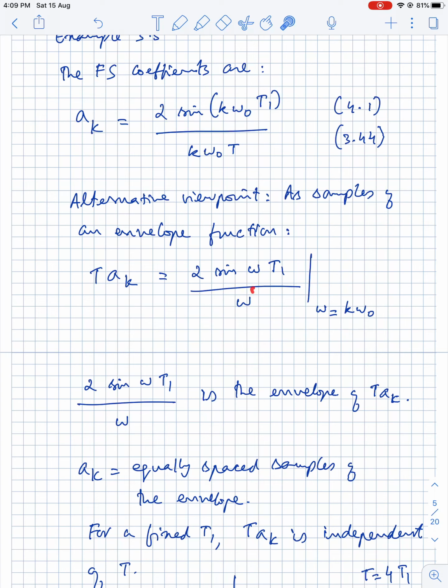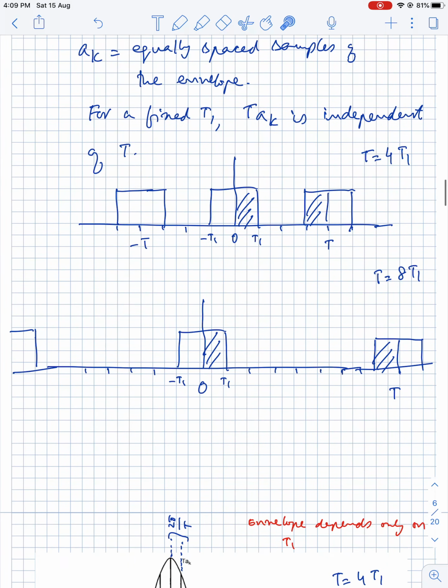It is a function of omega, of course, but it does not depend on T. This particular envelope does not depend on T. We had seen this in the Fourier series part also. So this is when T is equal to 4 T1.